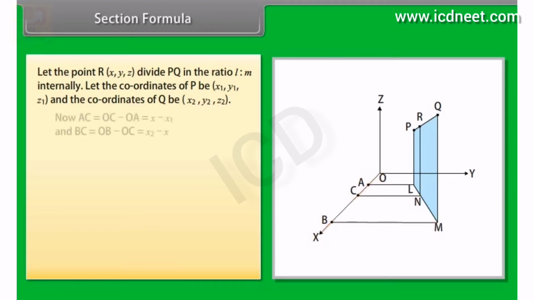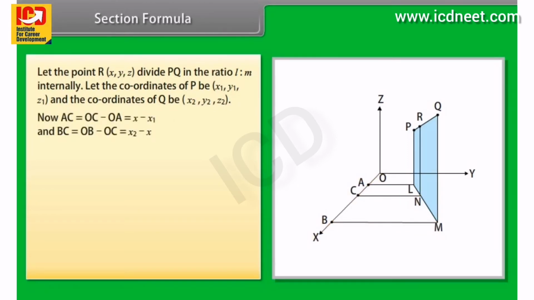Now, AC = OC minus OA = x minus x1, and BC = OB minus OC = x2 minus x.